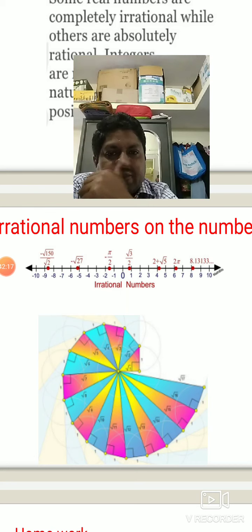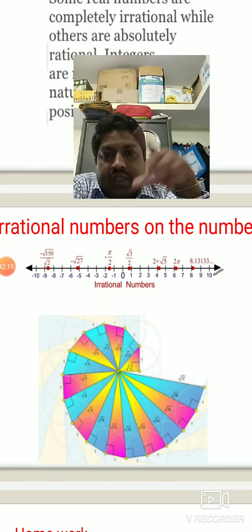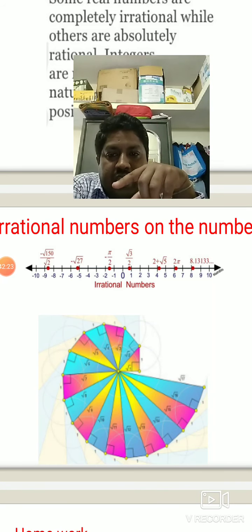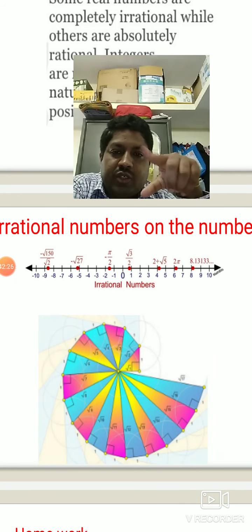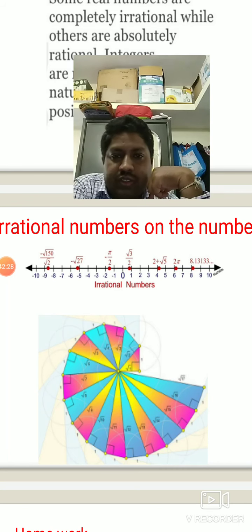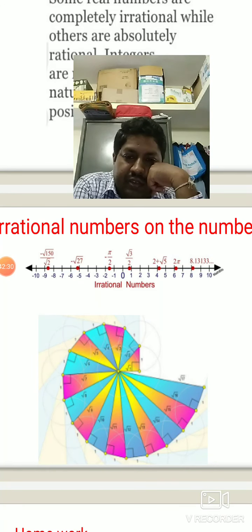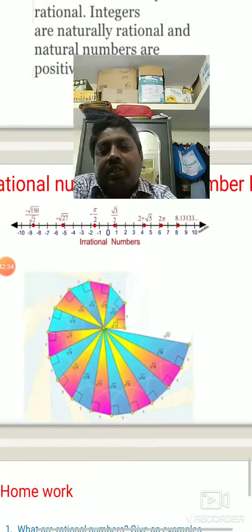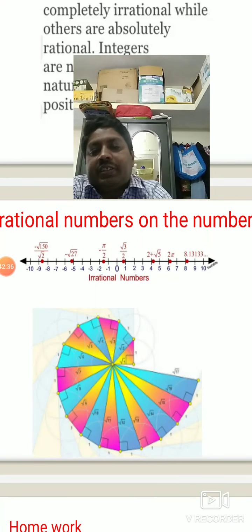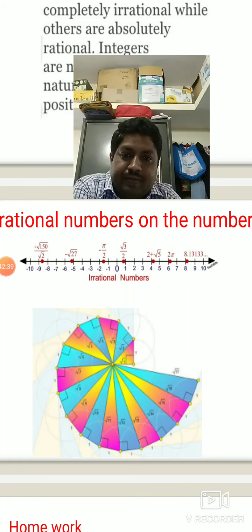So you always get the value of square root in the diagonal only. The diagonal can be the hypotenuse of a right angle triangle, and you will also use Pythagoras theorem to solve this. So this is the pattern. You can see this spiral pattern you are getting when you construct irrational numbers on the number line.